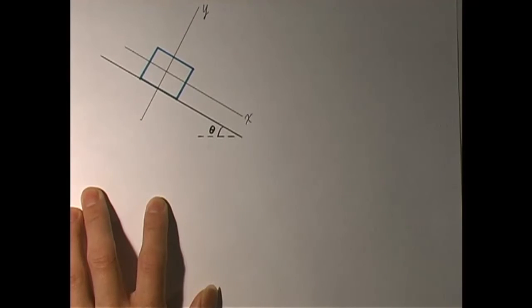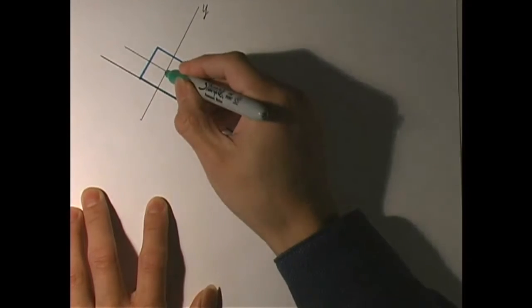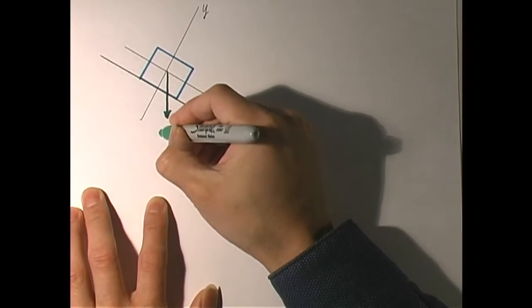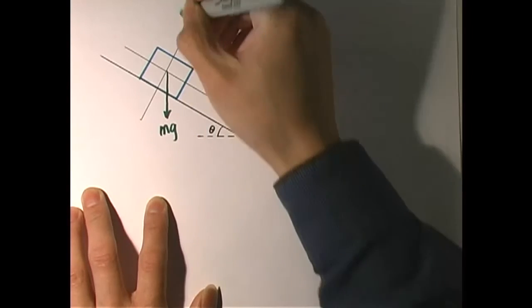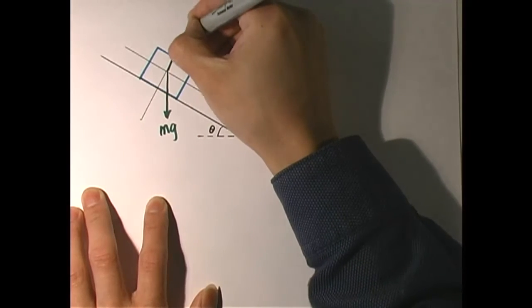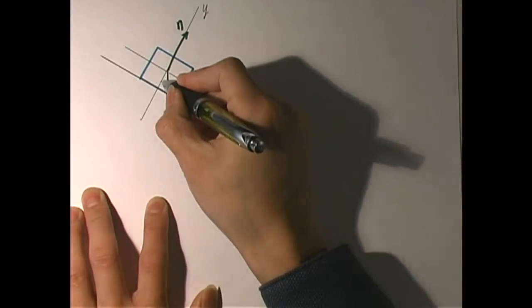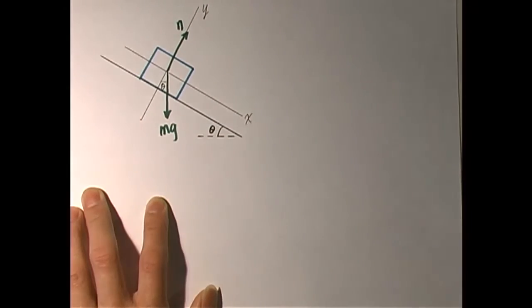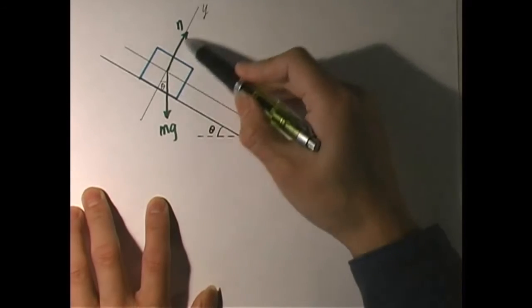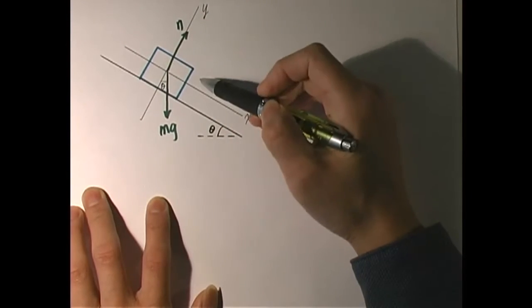The forces are still the same, of course. mg and n. So, what is this angle? That's again theta. Now, take a look. In the x direction, which is along the incline, what do I have? Well, n has no component along the x direction because it's perpendicular to it.